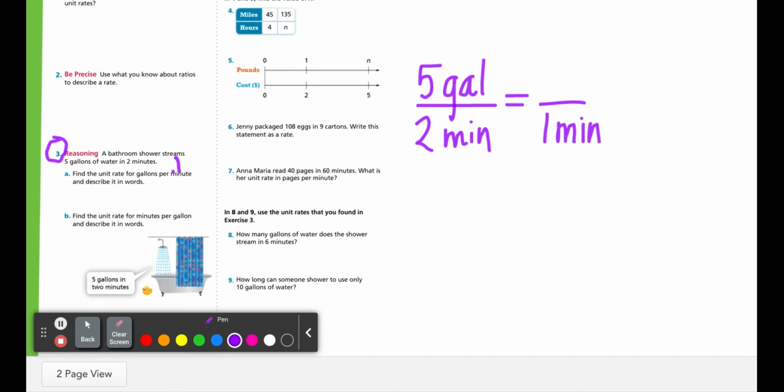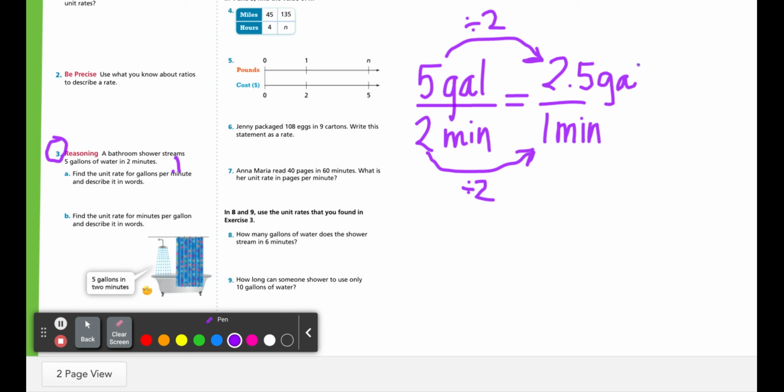So I want you to figure this out. What's the unit rate here? How many gallons of water will stream in 1 minute? So 2 to 1, you would have to divide by 2. Whatever you do to the bottom, you have to do to the top. Divide by 2. 5 divided by 2 is 2.5 gallons. So it would be 2.5 gallons in 1 minute. And that's how we would describe it.